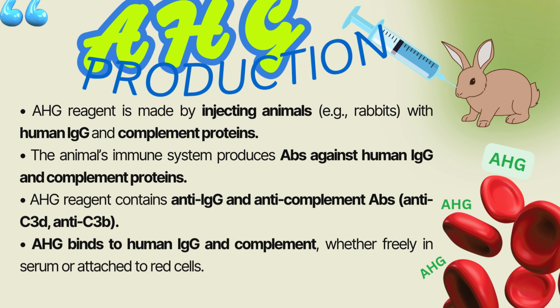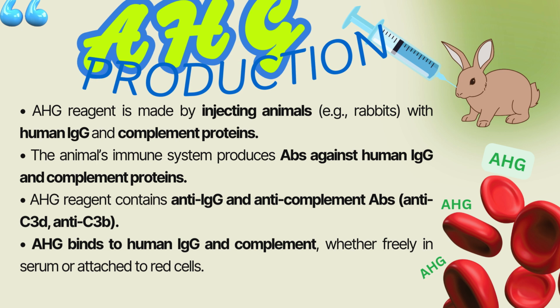Then, let's see how AHG is produced. So, how this vital component is made and why it's essential for our tests. AHG reagent is created through a fascinating process. Animals like rabbits are injected with human IgG and complement proteins. This prompts the animal's immune system to produce antibodies against these human proteins. Now the magic happens.